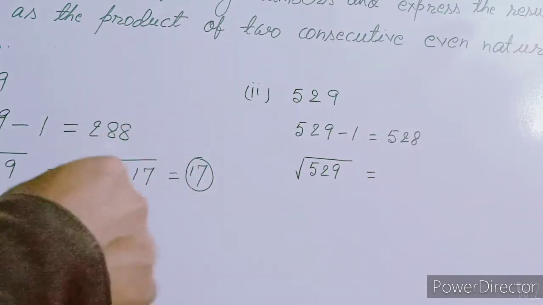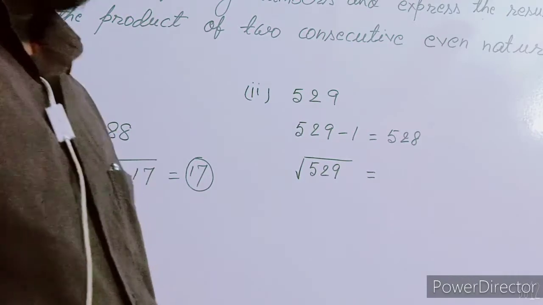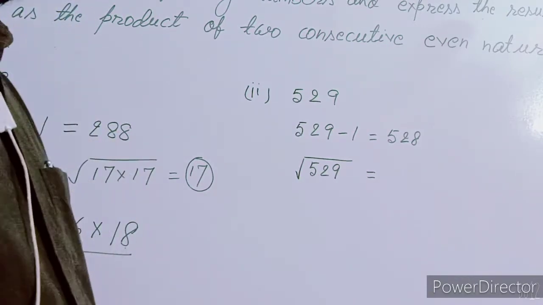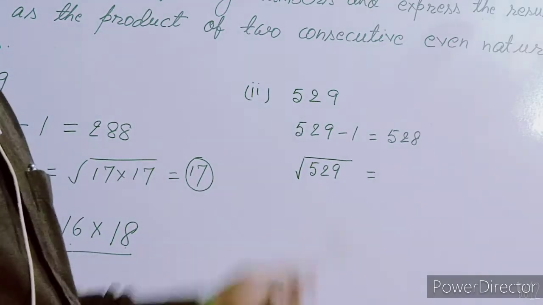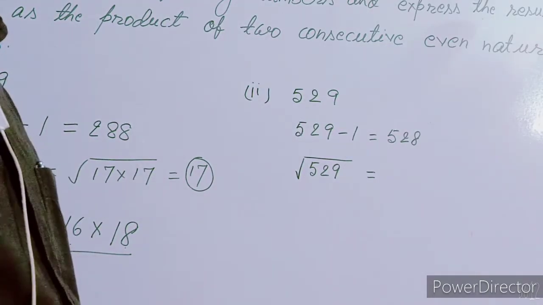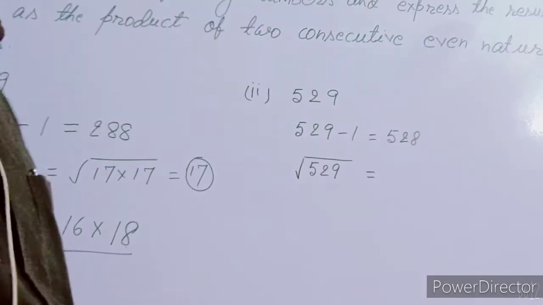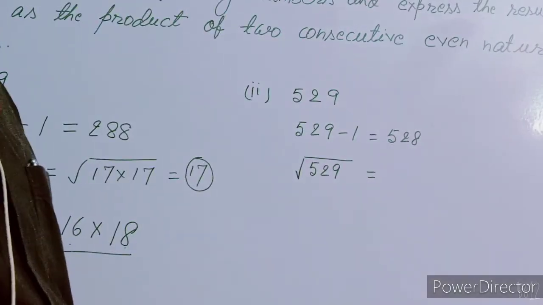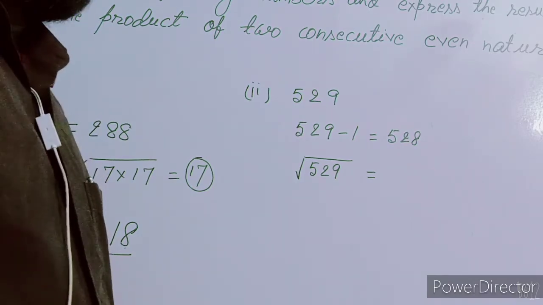For your convenience I am telling you how we will find the square root. We know 25 into 25 equal to 625, and this is 529. Obviously the square root of 529 will be less than 25, and the first number we get that is less than 25 is 23.